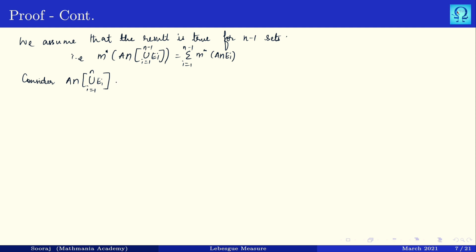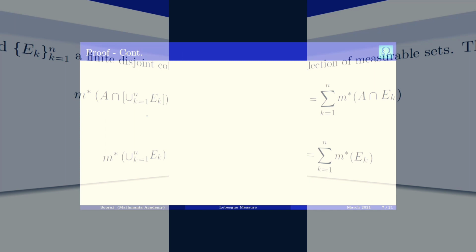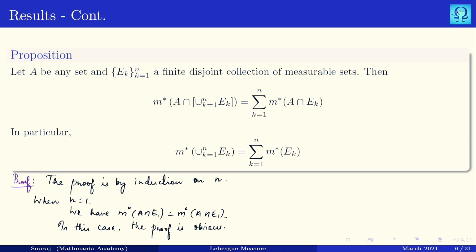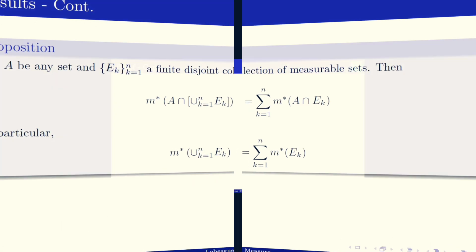Let us make an intersection of this quantity with En. What would I get? I would simply get this to be equal to A intersection En. Why is it so? Because we initially assumed the collection Ek is a finite disjoint collection.